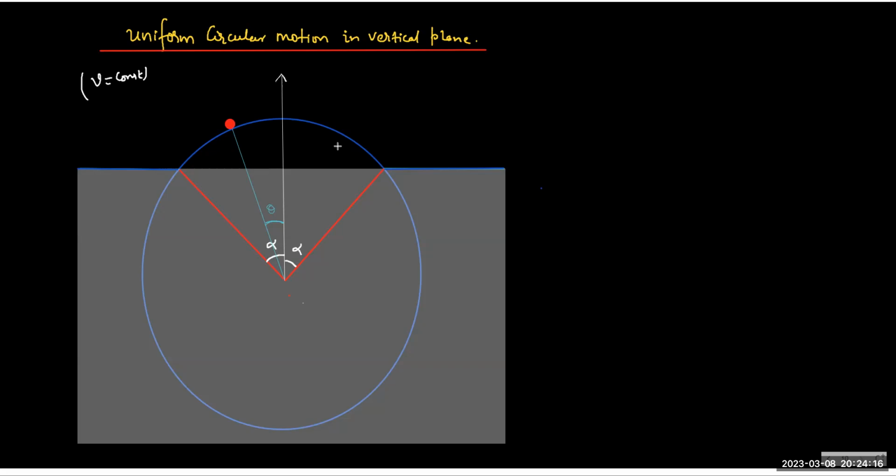What we do every time? If you want to solve a question of circular motion, what will you do? Draw the free body diagram. Very good. So you guys are experts. Can you draw the FBD now?